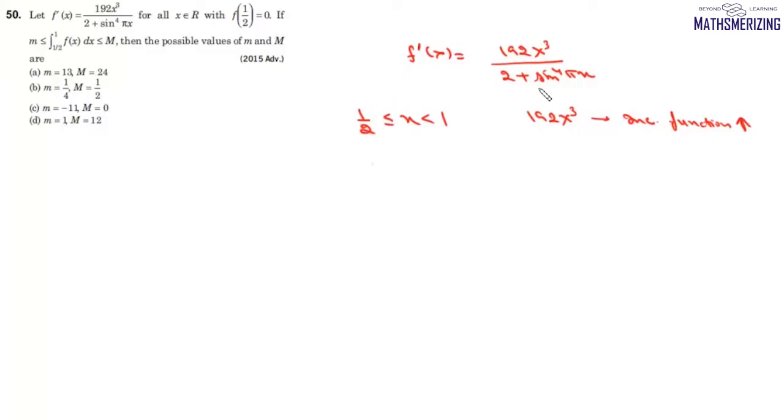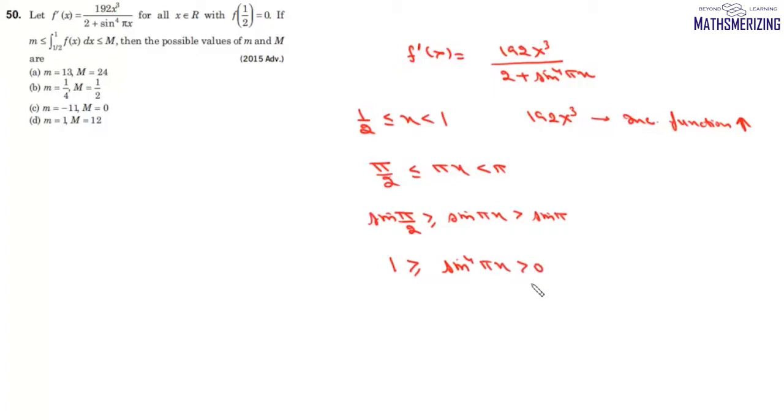And what about 2 plus sine pi x to the power 4? Now we'll write pi by 2 is less than or equal to pi x, which is less than pi. Now in the second quadrant, sine x is decreasing. So we can write 1 is greater than or equal to sine to the power 4 pi x, which is greater than 0.